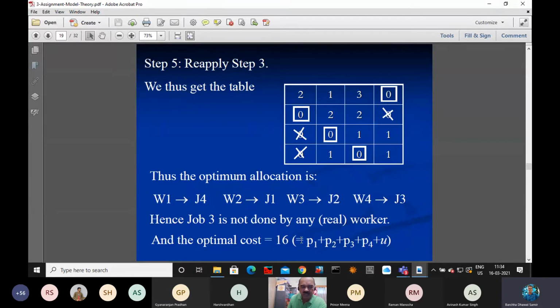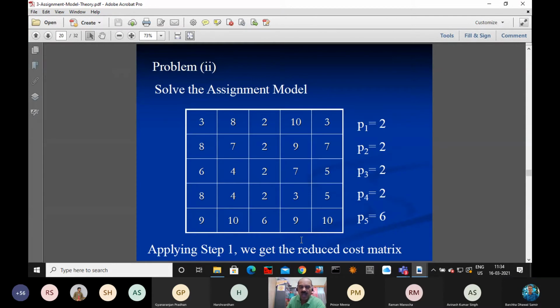So now what I will do, this problem, I will ask everybody. Already, of course, I will send the assignments, all the sheets to you. So you try this problem. This is a 5 by 5 assignment model.